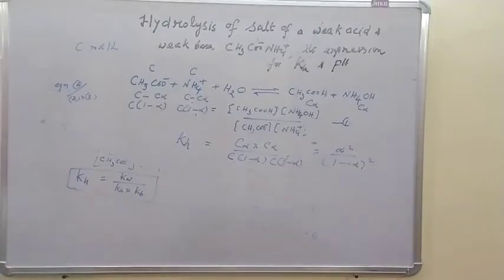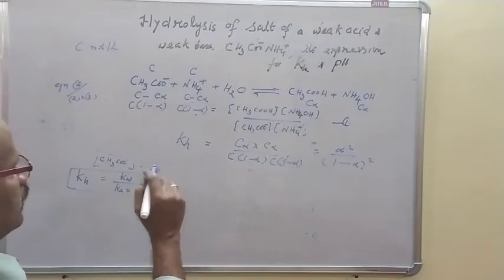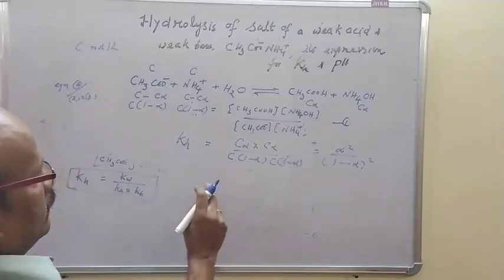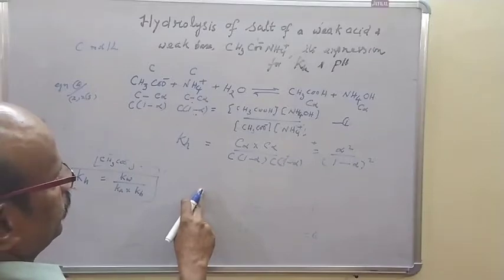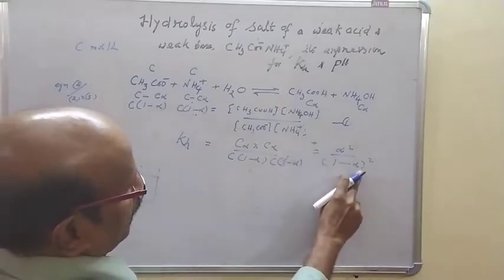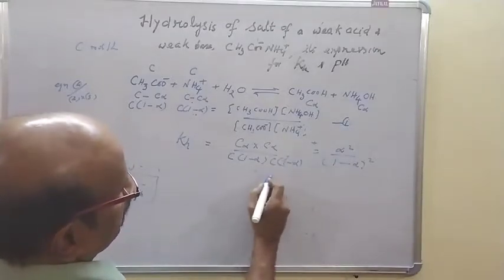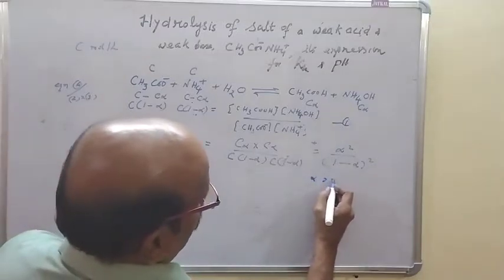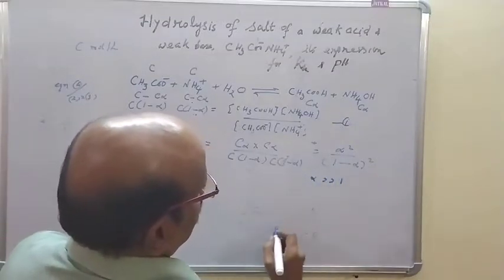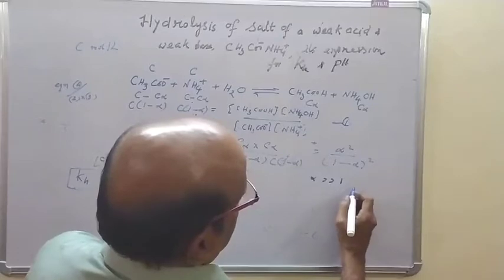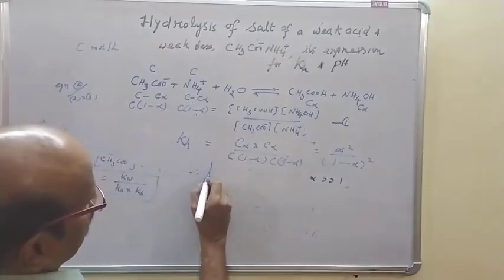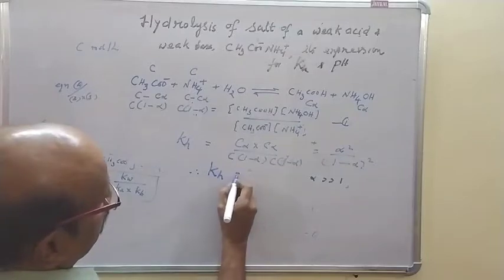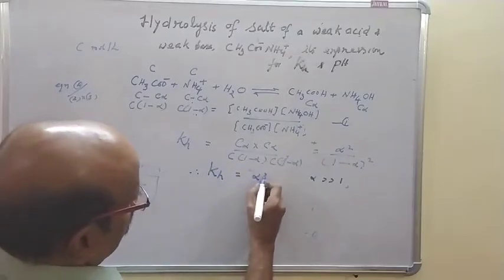Now, since alpha is very much smaller than 1, we can neglect alpha in the denominator. Therefore KH is equal to alpha square.